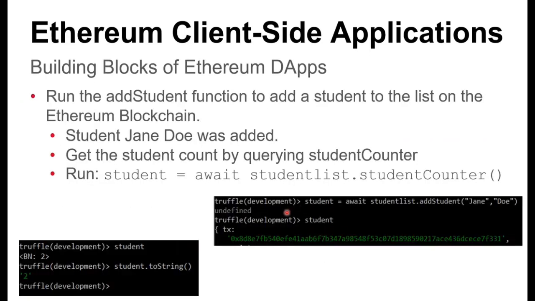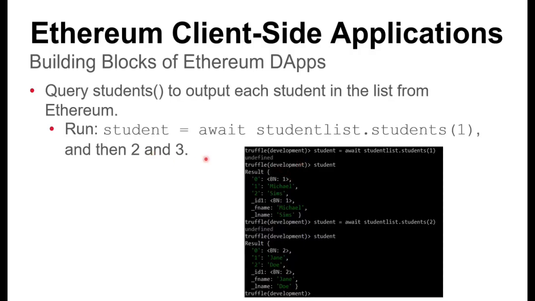And we can see here other Truffle console commands. We can actually run functions from our smart contract. The add student function you can see here, we're adding a student and we'll get the transaction back. And we can also run information on the student that we just added and get IDs back and other items.